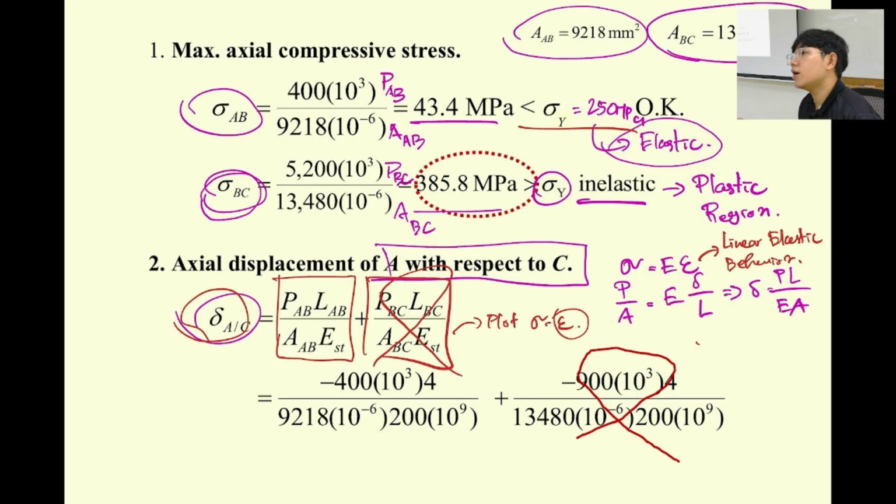Okay, so we have one agreement: sigma equal to E strain can be used to find the displacement only for material that is in linear elastic behavior. If it's beyond the linear region, you cannot use it. Use the stress strain curve instead.